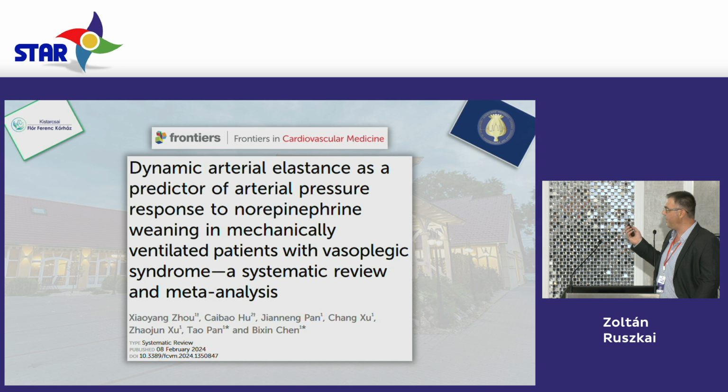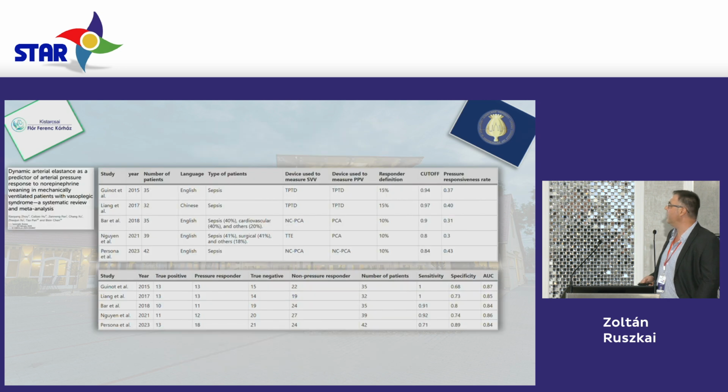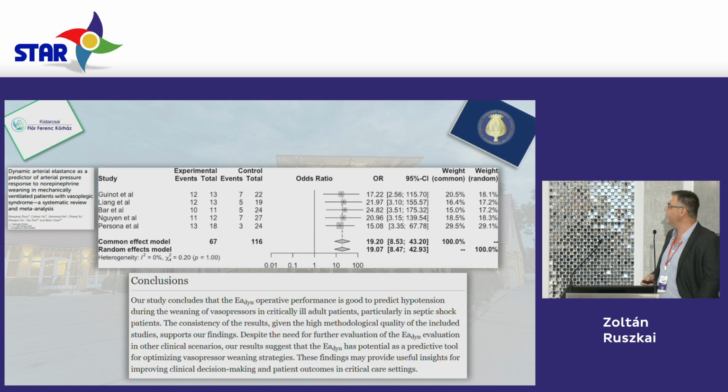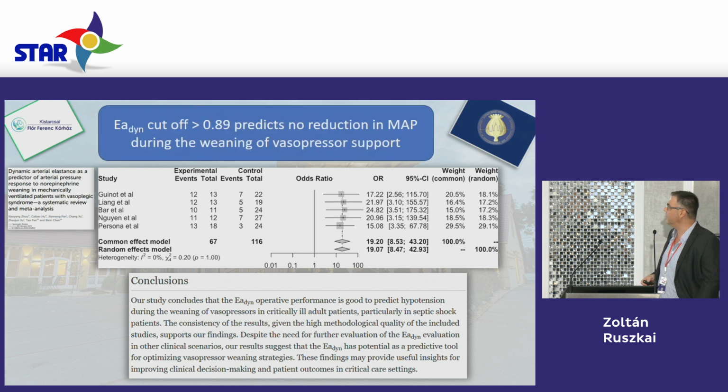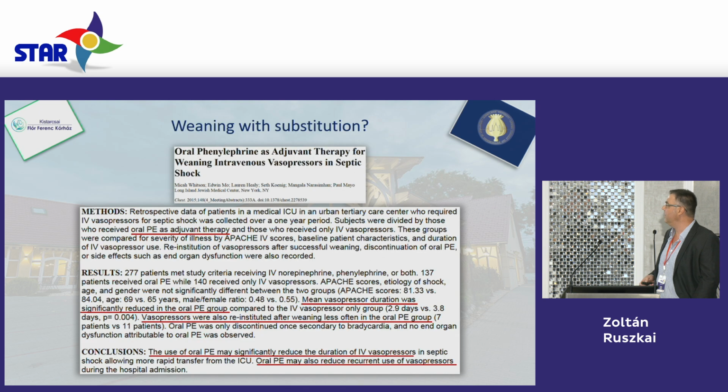It's a quite fresh paper from this year based on 5 studies, and they found that a cutoff of 0.89 predicts no reduction in the mean arterial pressure during the weaning of vasopressor support.